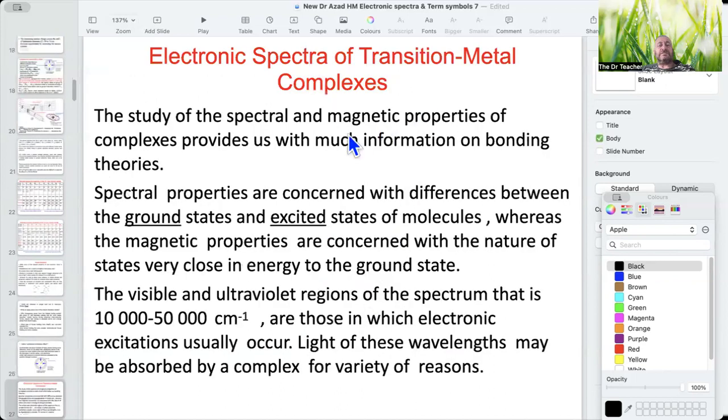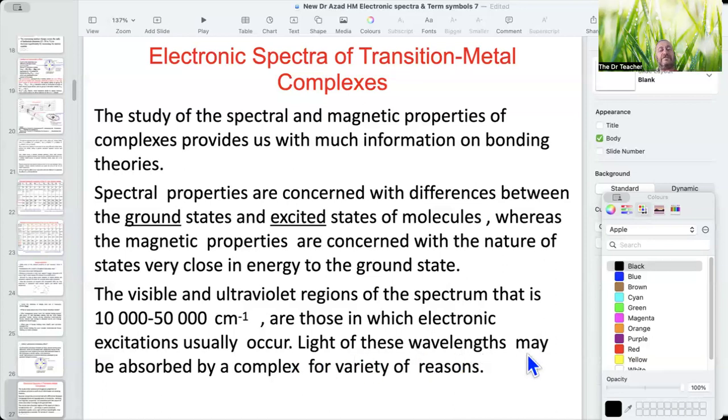Electronic spectra of transition metal complexes. You remember there are ground states and excited states. The visible and ultraviolet regions of the spectrum are those in which electronic excitation usually occurs, with energies between 10,000 and 50,000 cm-1.